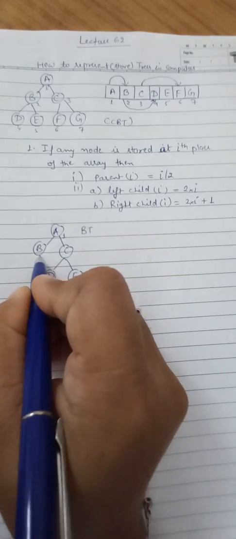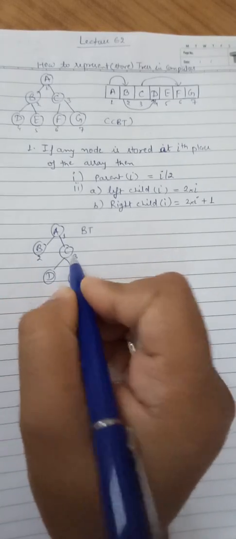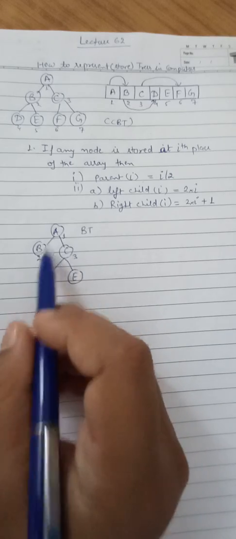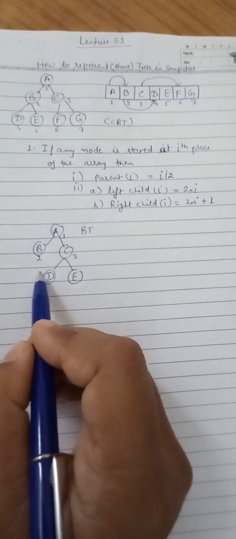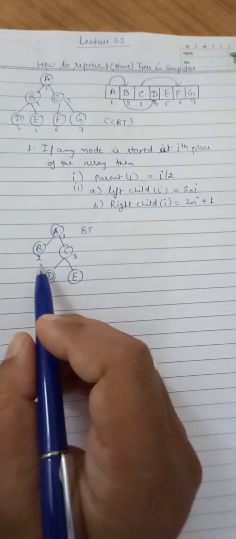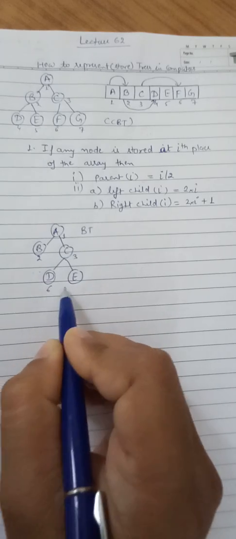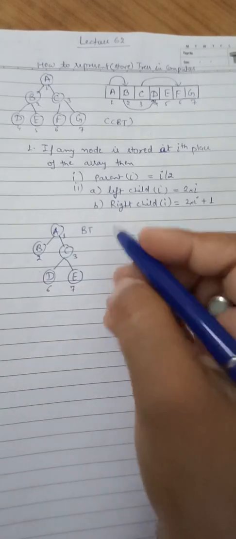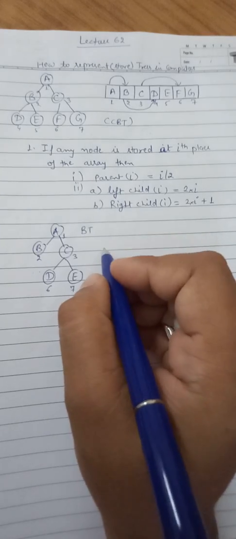So 1, 2, 3, and this is 1, 2, 3. Now for 4 and 5, B's children are not available, so we will leave them. Then it will be 6 and 7. How? Let's see it here.